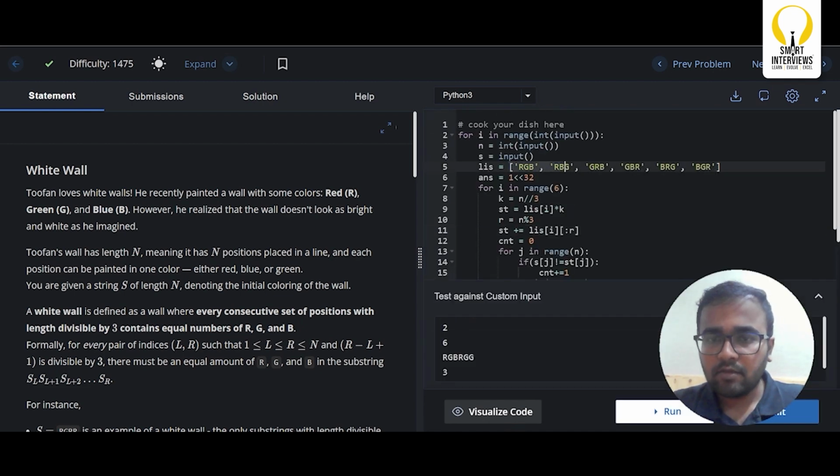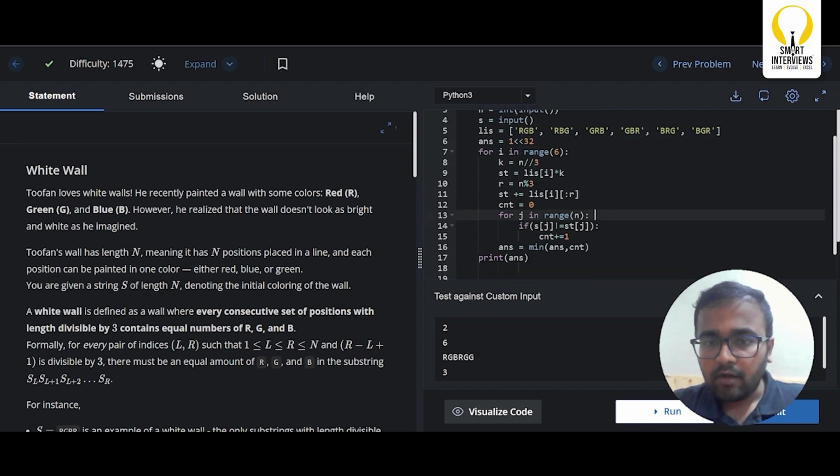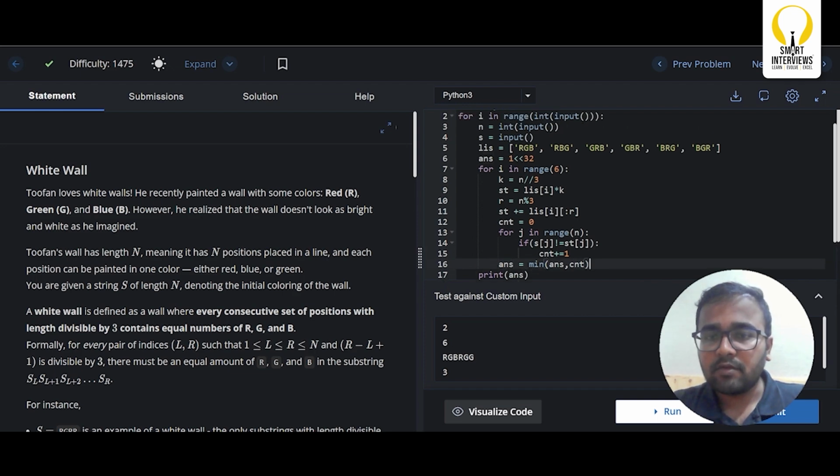So we have taken a list containing all our patterns, and then using these patterns we have created a string which is going to contribute the white wall, and then with respect to that white wall string we are converting it using these number of operations, and whichever pattern is going to give you the minimum number of operations, that is your answer.